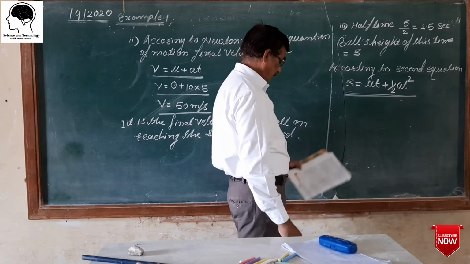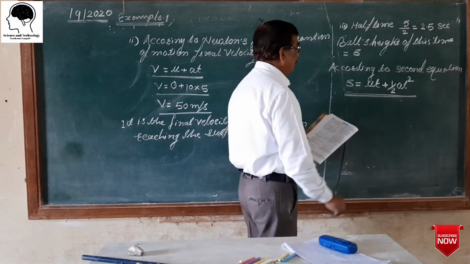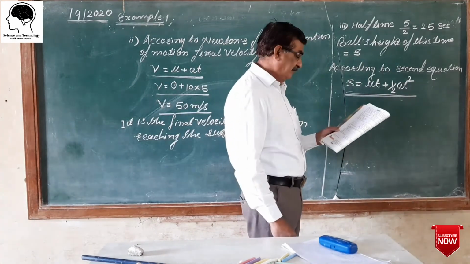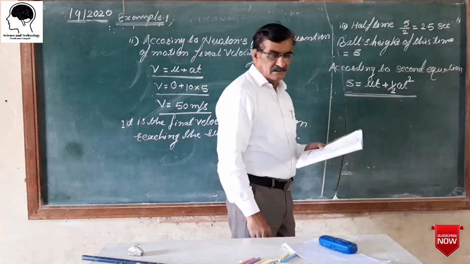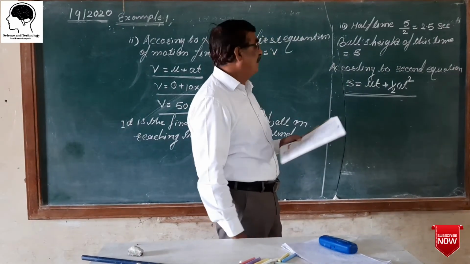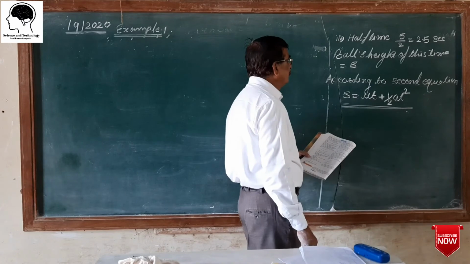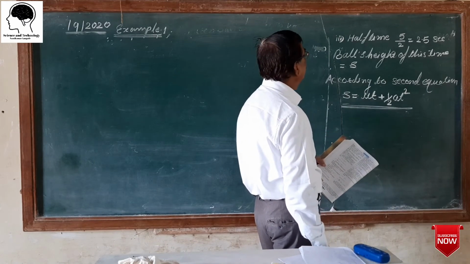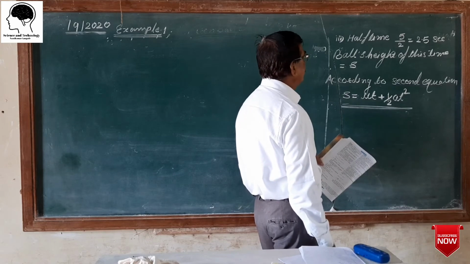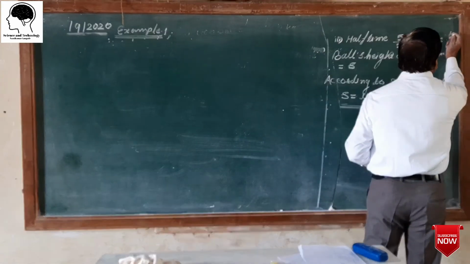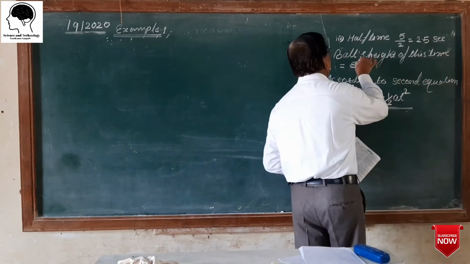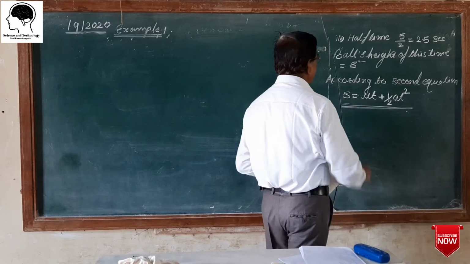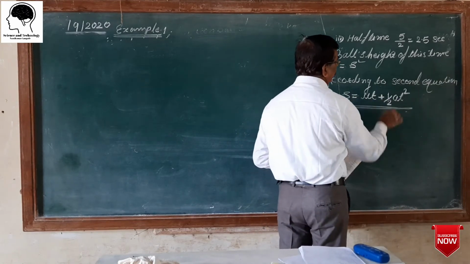Here, distance within half time. Sorry, not half distance, distance within the half time. Now half time is 2.5 seconds. According to the second equation of motion, s is equal to ut plus 1/2 gt square.